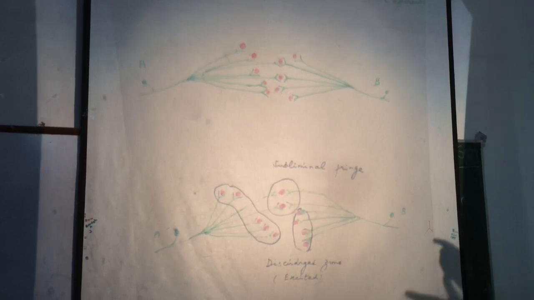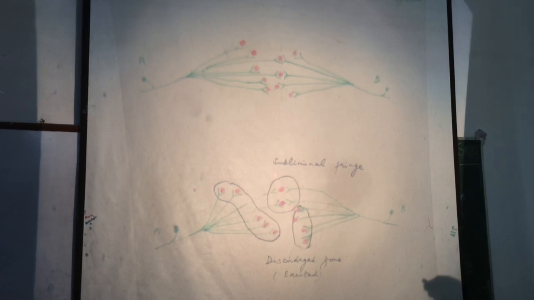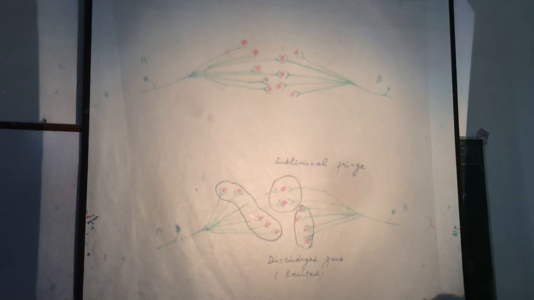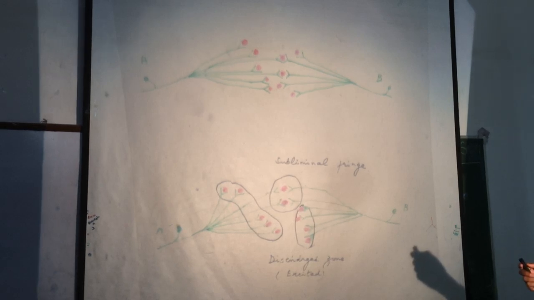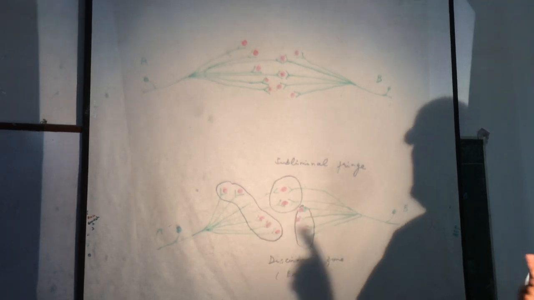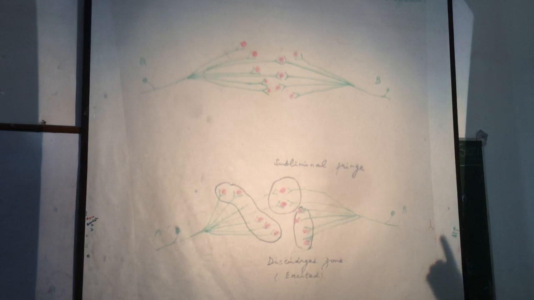When efferents A and B are stimulated simultaneously, there is summation in the motor neurons of the subliminal fringe, and because of summation these are also excited, and this 2G muscle tension is added to the total response. The muscle tension produced will be 11G, not 9G, which is expected. So this is the property of facilitation.